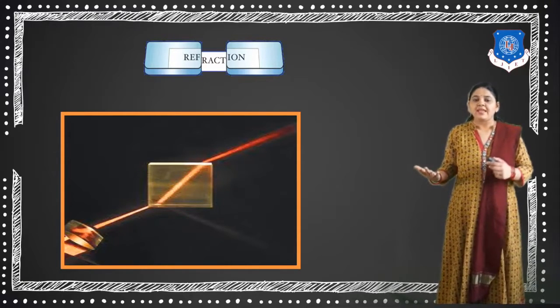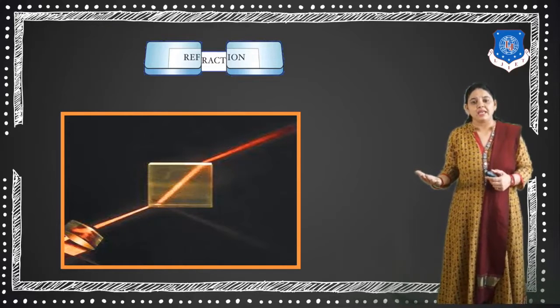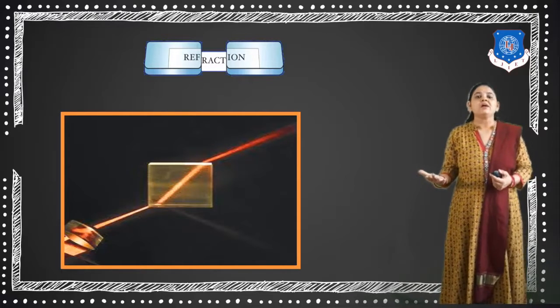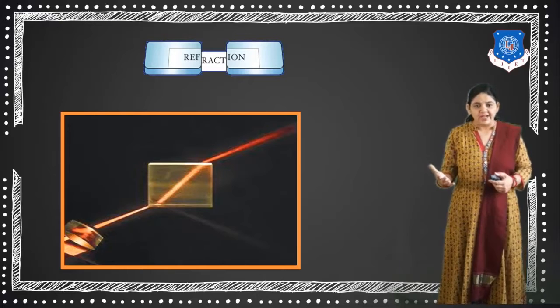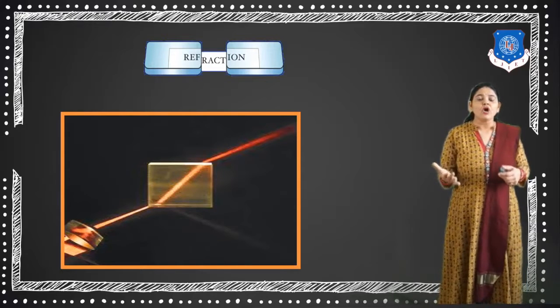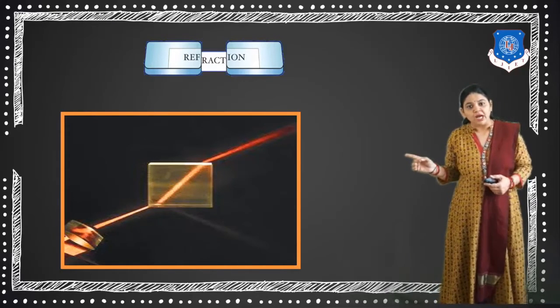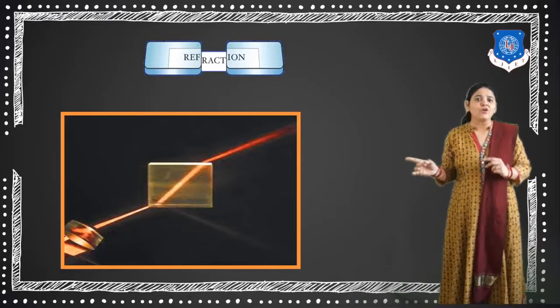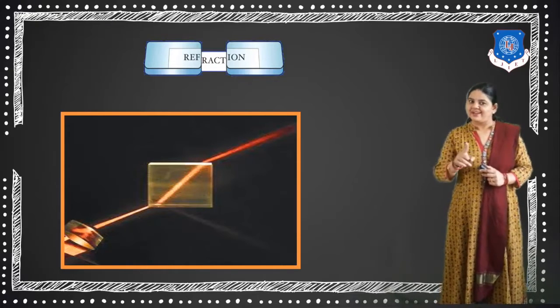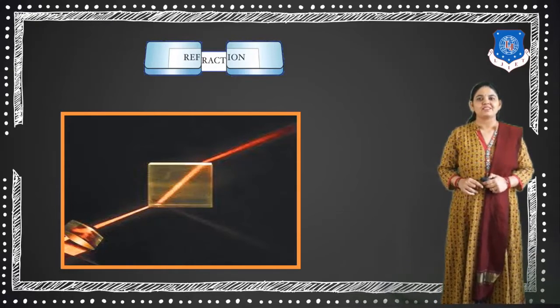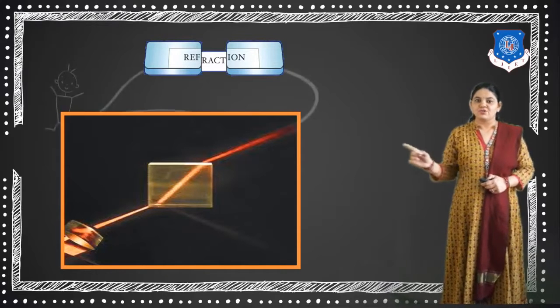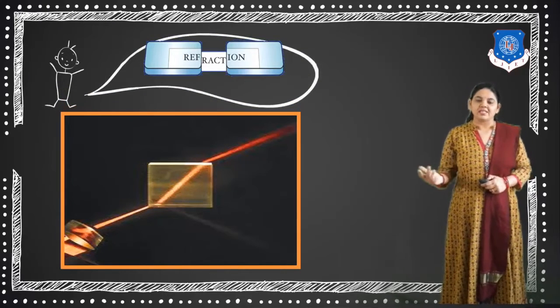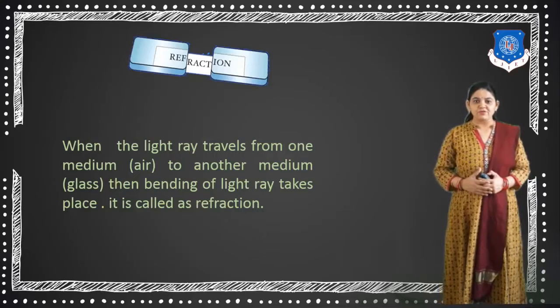When the light passes from the air medium to the glass medium, the bending of the light occurs, and this bending of the light is referred to as refraction. You can see in the diagram how the refraction occurs.